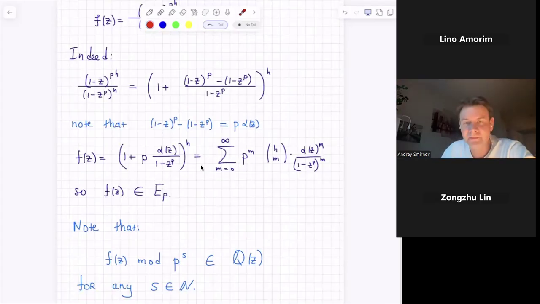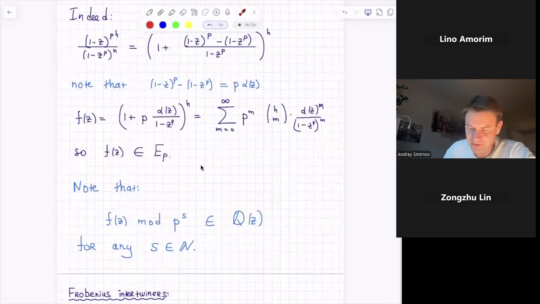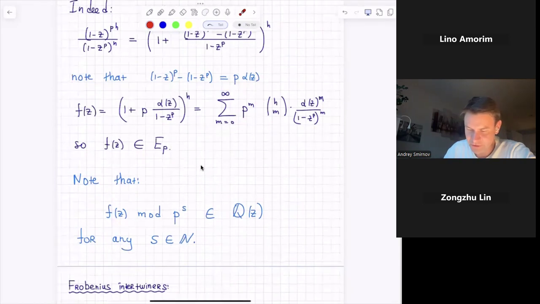And this is a typical example which also shows how you can characterize functions like that. So typical elements in this completion look like this. It's a power series which involves this term, p to the power m times some rational function. And you can also note that there's a very convenient way to characterize elements like this as follows.